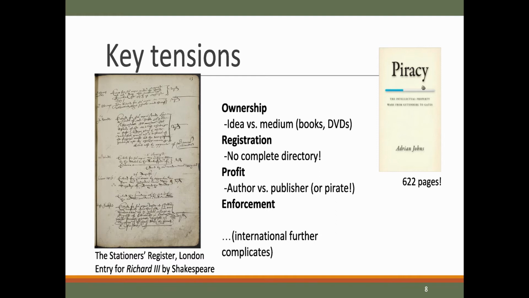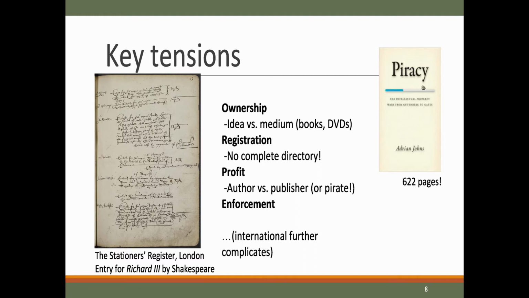It's called the Stationers Register in London, and we're looking at where somebody got the rights to print Shakespeare's play, Richard III. And so there's always been this tension of who owns the idea, and there's been a tension between authors, which is usually us, and the publishers who are actually selling the journal, selling the book.